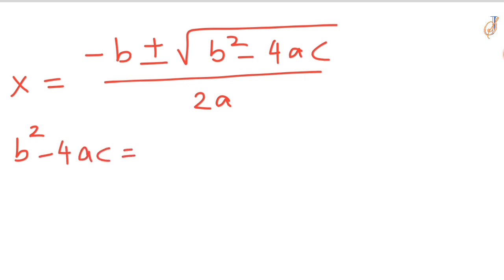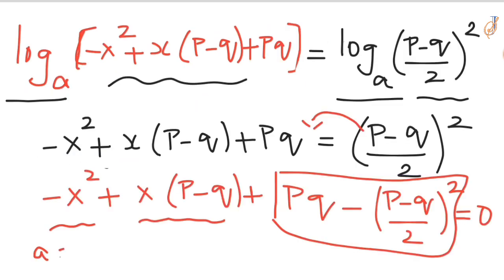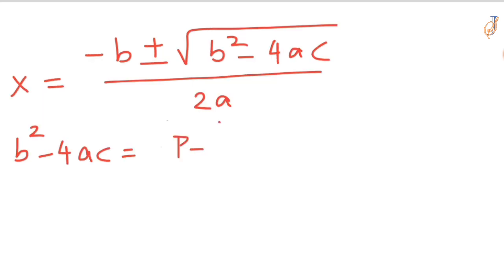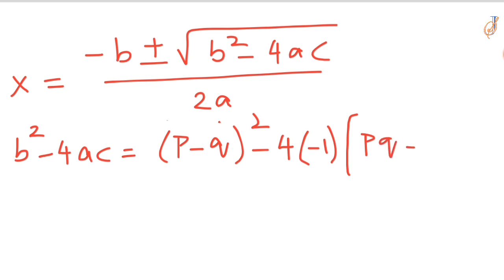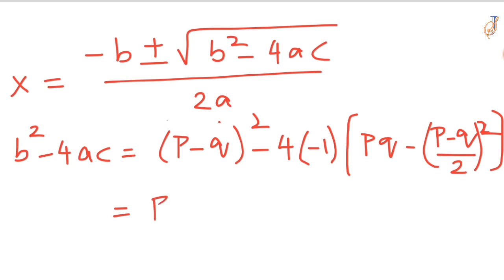So from the given expression, a value is -1, b value is p - q, and this is the c value. Substitute here: (p - q) whole power 2 minus 4 times a, means -1, and c means pq minus ((p - q)/2)². (p - q) whole power 2 minus 4 times -1, which gives plus 4.